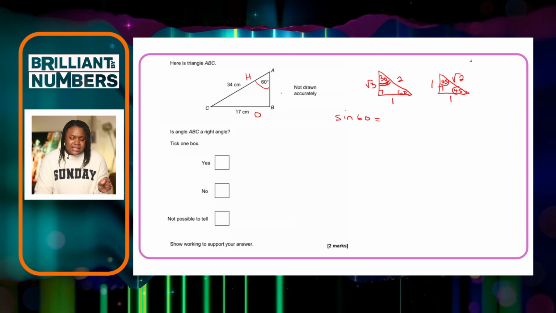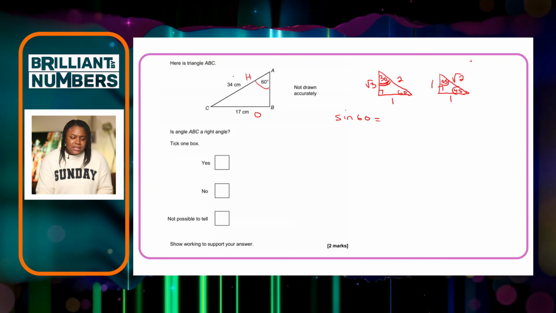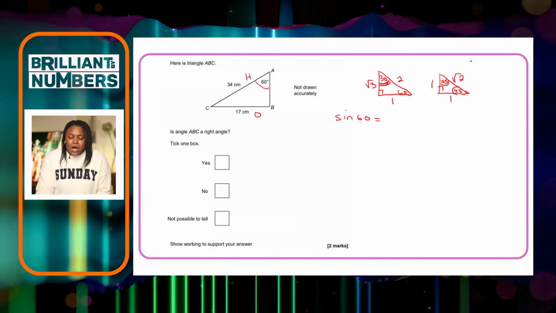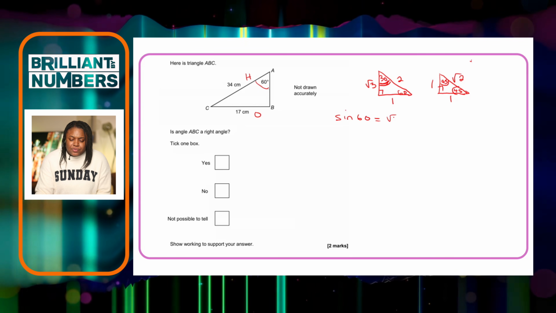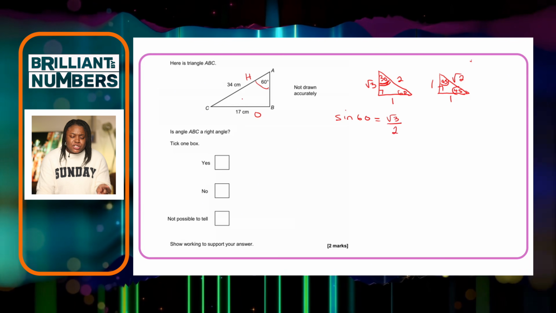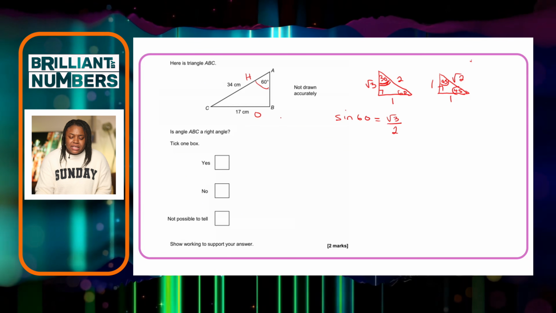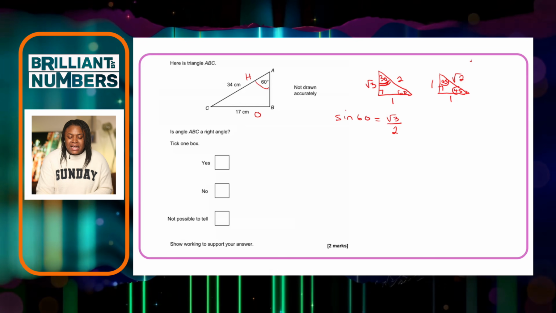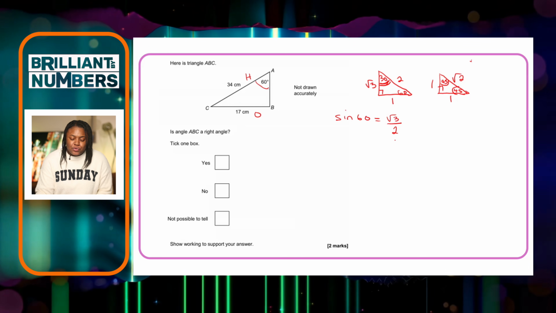So let's find out what is sine 60. Opposite, hypotenuse, so go back to our 60. So sine 60, opposite is root 3 over hypotenuse 2. So when I substitute the sides in here, let's write sine 60 in terms of the sides we're given and see if that's root 3 over 2.